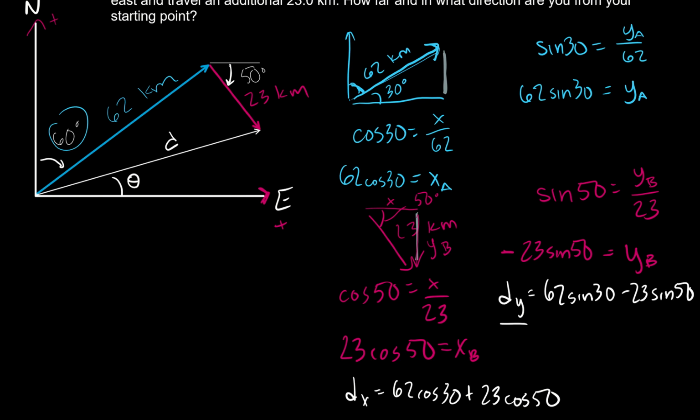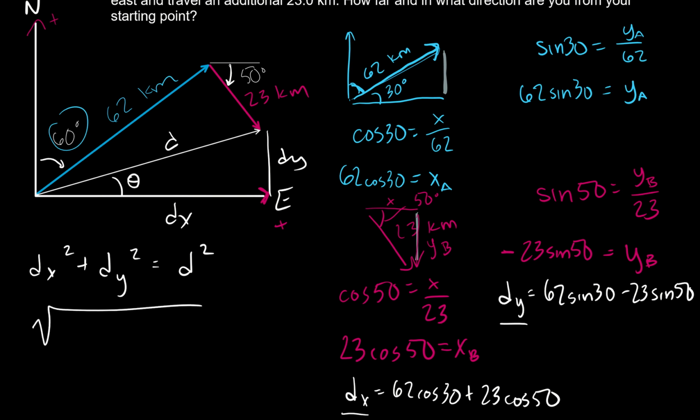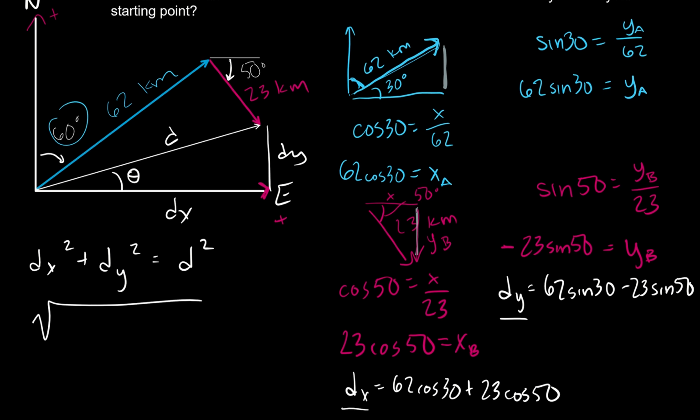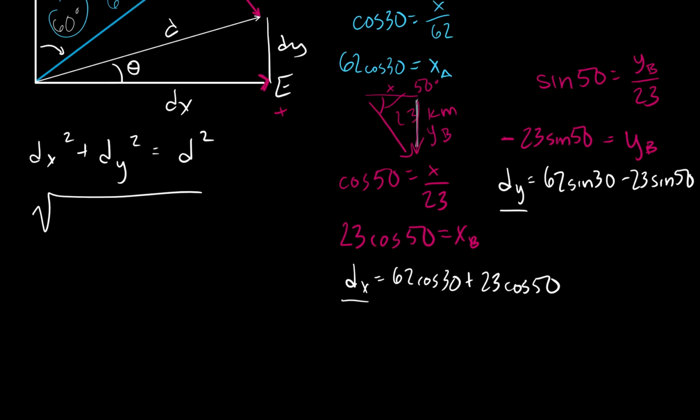Now I have my two components, which are my dx and my dy. I know that dx squared plus dy squared is going to equal my overall displacement squared, from the Pythagorean theorem. So I'm going to take the square root of this, but before we plug it in, let's figure out what those displacements are.